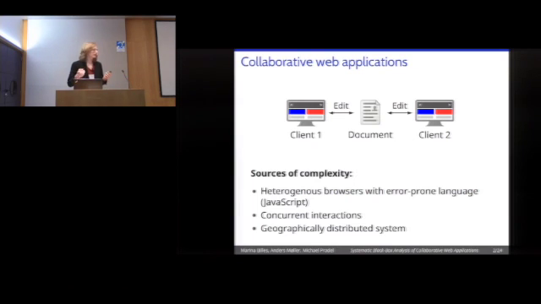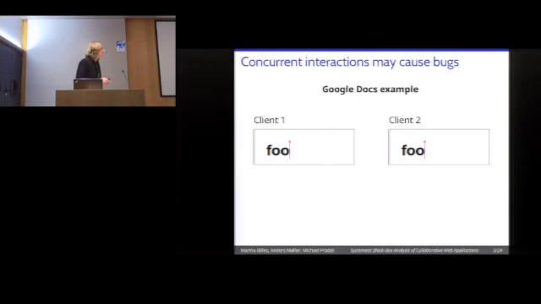So let's look at an example of a concurrency bug in Google Docs that our analysis finds. We have two clients that both have the text foo written in bold font as the initial state, and then we perform concurrent changes to that, where in client 1 we write an additional text bar, and in client 2 we delete the existing text.